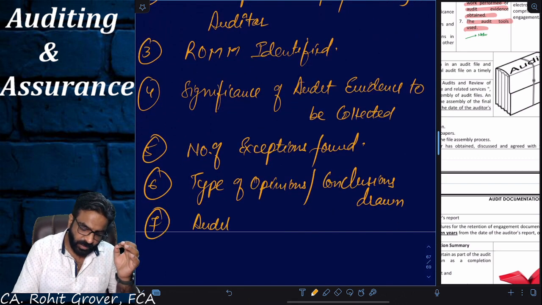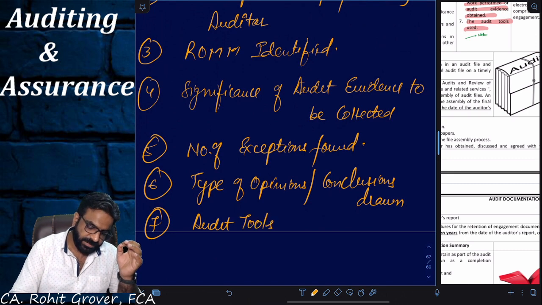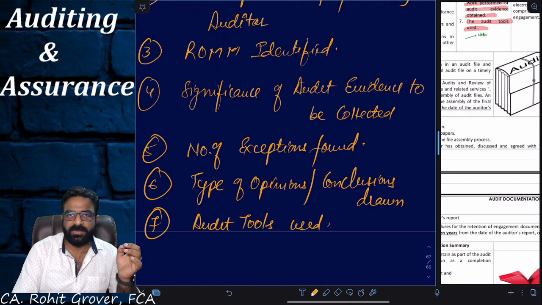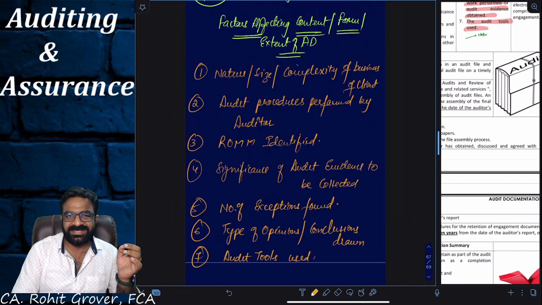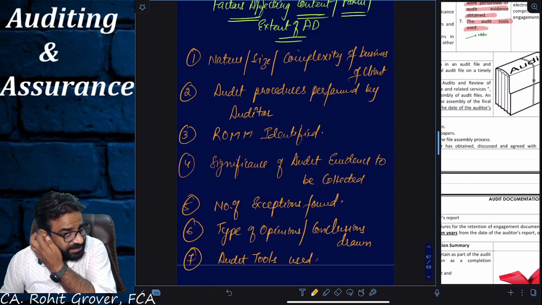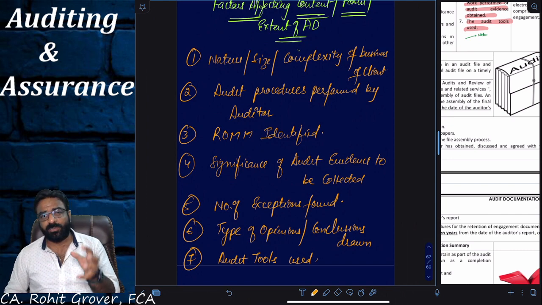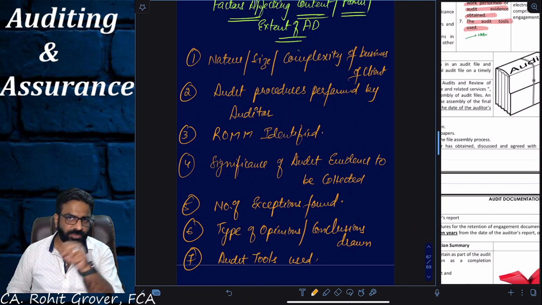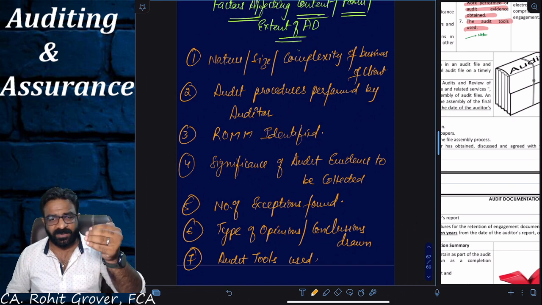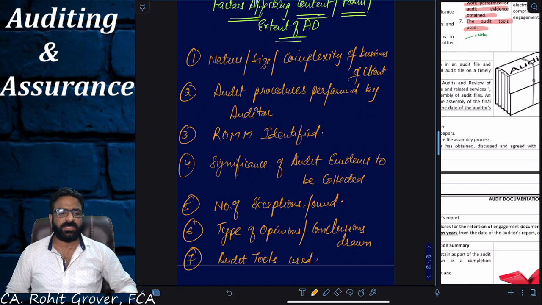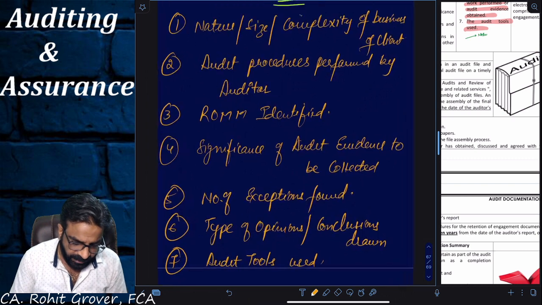Audit tools used. I hope all of you will agree with me in all these 7 areas which is there in front of you. These are the 7 factors, everyone, which helps the auditor in deciding what should be my audit documentation, what should not be, what should be the size of my audit documentation. I hope everyone is crystal clear with this concept also.